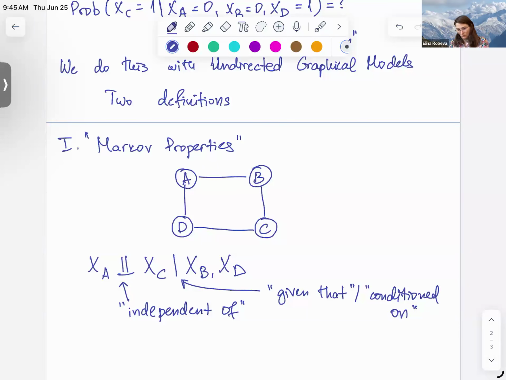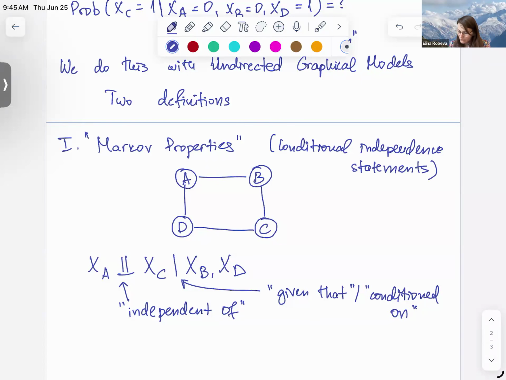And if you don't know, it's also totally fine. Okay, so this is one. So this is a conditional independence statement. These are the Markov properties. So they tell you if you're given a graph, then there's certain conditional independence statements that hold.